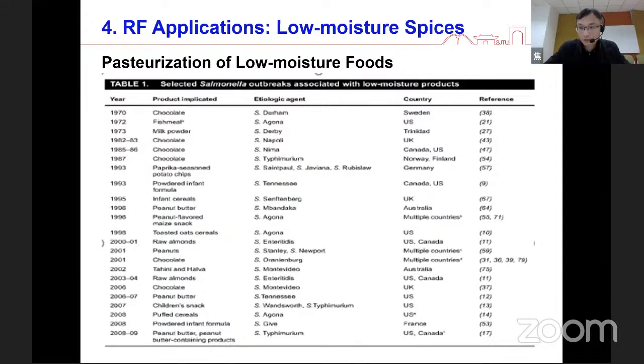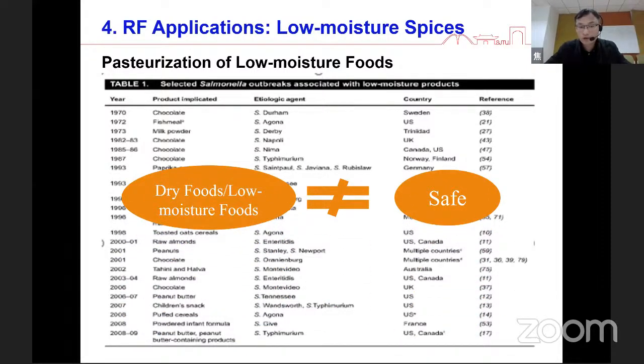The only thing is they cannot grow. But if the outside environment changes, for example, it's very hot and humid, and the low moisture food absorbs some moisture from the environment and its water activity level increases, then the bacteria can start to grow and cause food safety problems. That's why there are so many food safety issues caused by low moisture food. So low moisture food or dry food doesn't mean safe. We should have this concept first.